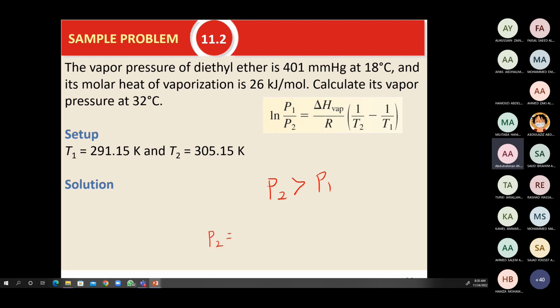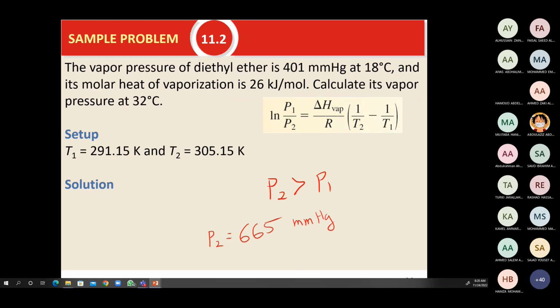Don't forget to change T to Kelvin. I got 665. Good. Somebody got 665 millimeter Hg.